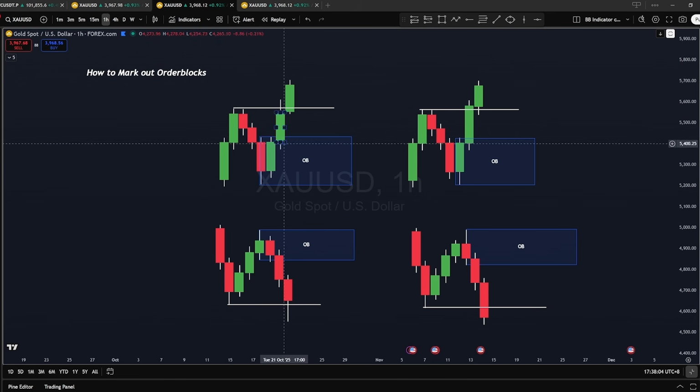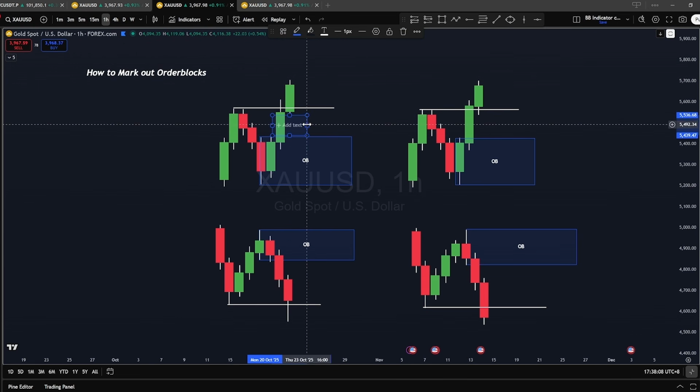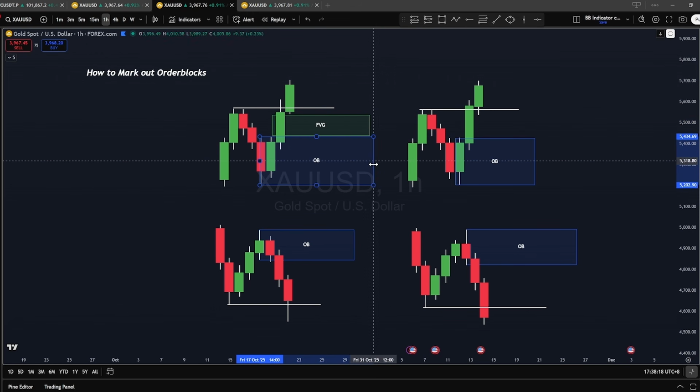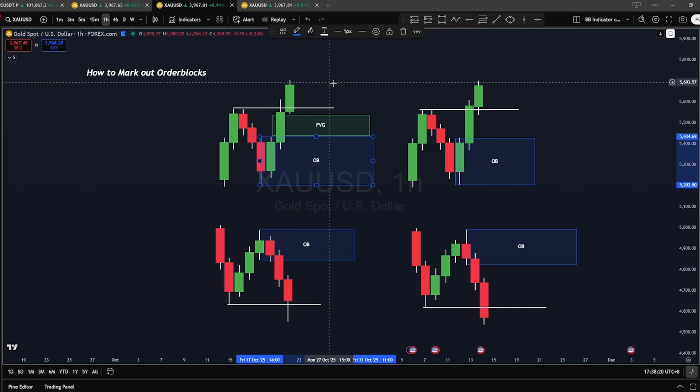So whenever you see an order block plus a fair value gap just sitting right above it, this is going to be great. This is how you know that your order block here, if it does come and tap, is going to be a strong area for price to bounce off. Same thing for the bearish side.